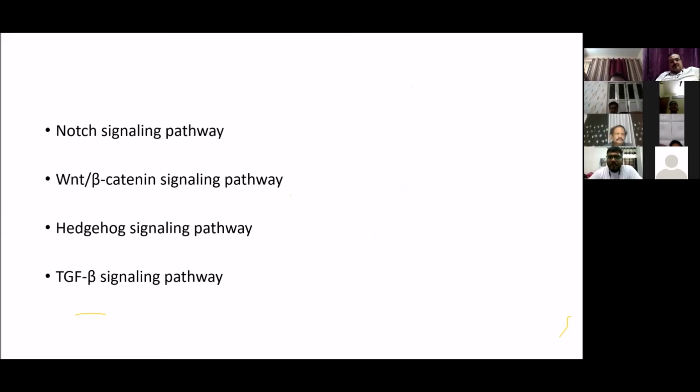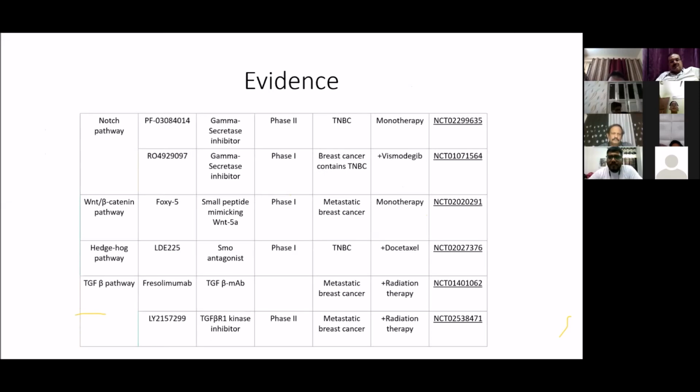A lot of pathways are under study: Notch signaling pathway, WNT-beta-catenin, HOP pathway, TGF-beta signaling pathway. Most of the trials for mesenchymal-like are phase 1 or early phase 2 trials with no molecule which has come into the clinical scenario so far.